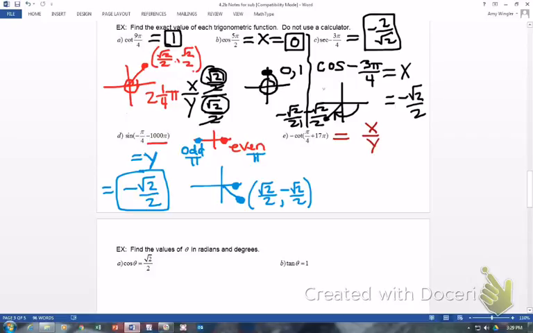So I know my answer has to end up being negative because of this negative right here. So I'm going to make sure that I stick that negative right there. So if I can find the x value and the y value, I just have to make sure I stick the negative in my answer, and I will be able to complete this problem.